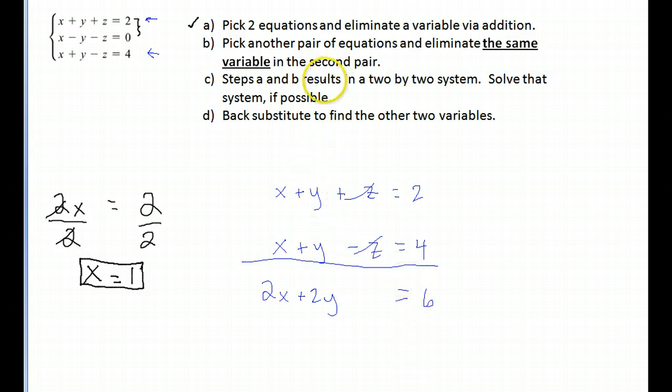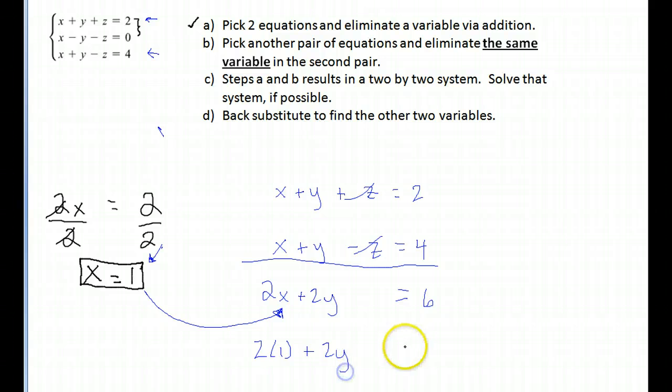Now this has 2 variables in it, 2x and 2y, but over here we were told that x was equal to 1, so that means I can replace this x right here with 1 and say 2 times 1 plus 2y equals 6.